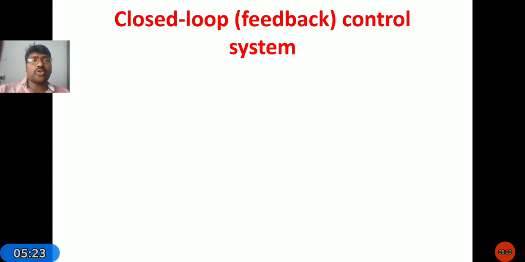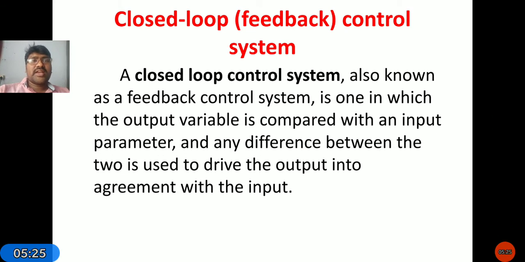A closed loop control system, also known as a feedback control system, is one in which the output variable is compared with an input parameter, and the difference between the two is used to drive the output of the system. Mainly in automation systems we use closed loop because whatever input is given to the equipment is compared with the output.